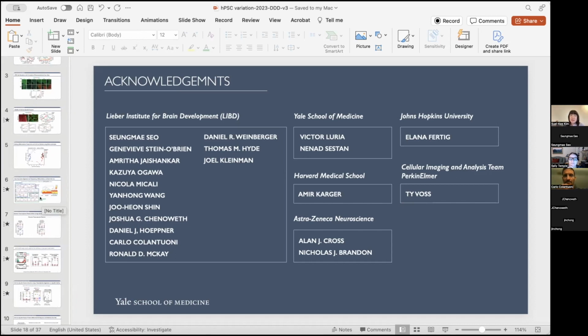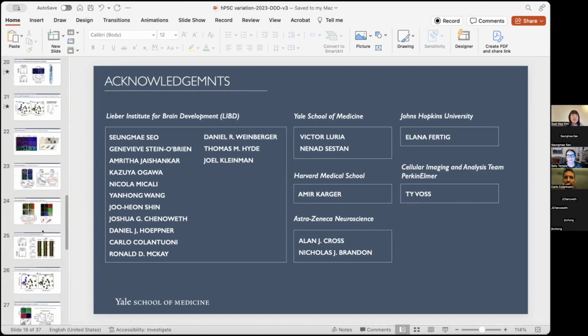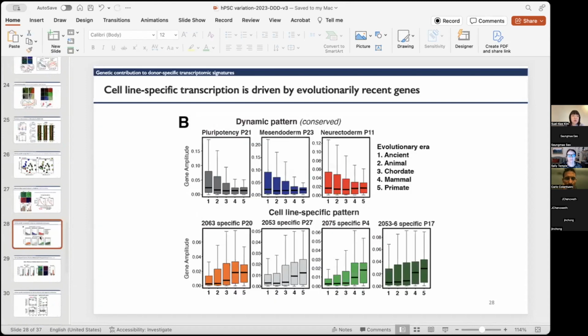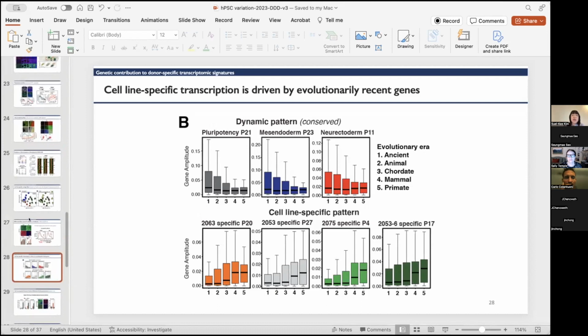And I think that contributes to the genetic factor. We actually did several analyses, and one of the findings is that this donor specific pattern is more enriched with evolutionarily newer genes, and they also show very subtle differentiation.